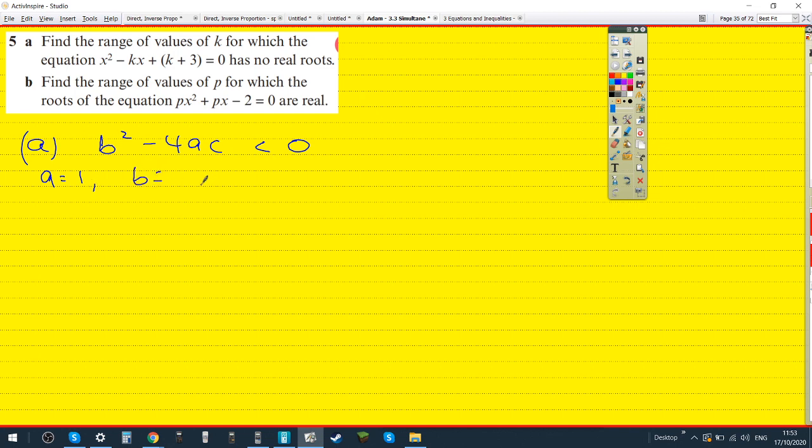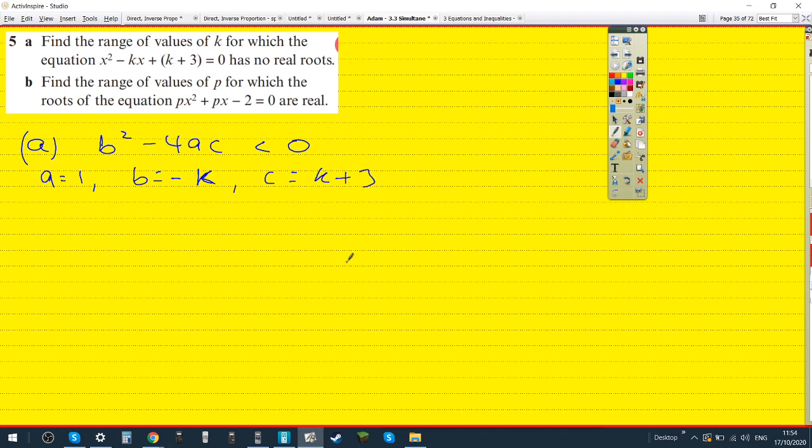B is Kx. That'd be right. Or just K. Just K, but something's missing. If K was a number, it would be minus. Oh yeah, sorry. So A is 1, B equals minus K. And C is K plus 3. Yep.